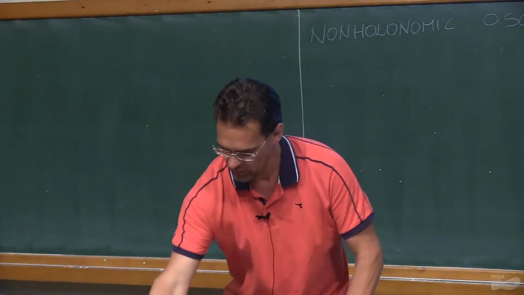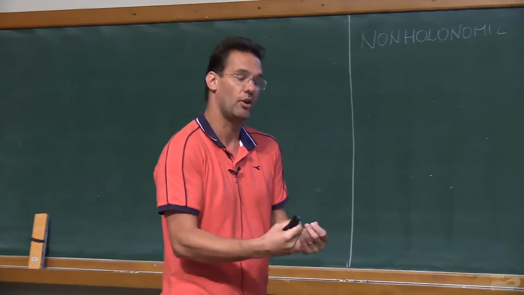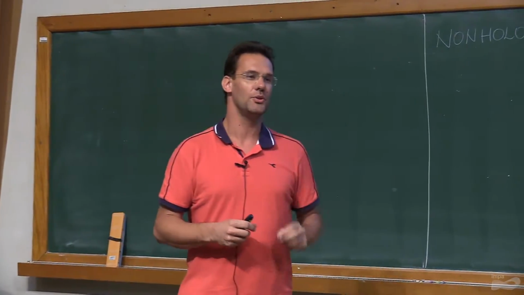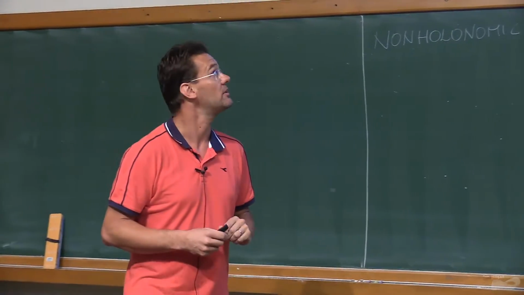So the talk will develop as follows. At the beginning, I will just introduce nonholonomic systems, some general ideas on them, and I will recall the link between the existence of first integrals and the presence of symmetries in Hamiltonian mechanics. Then, playing with a toy example of a nonholonomic system, I will derive or introduce the main properties, the main characterization of nonholonomic systems with symmetries.